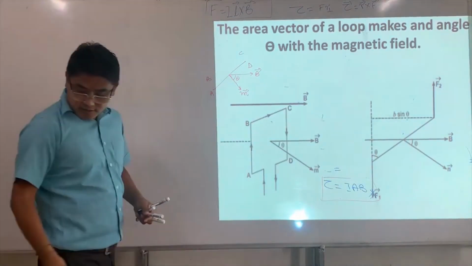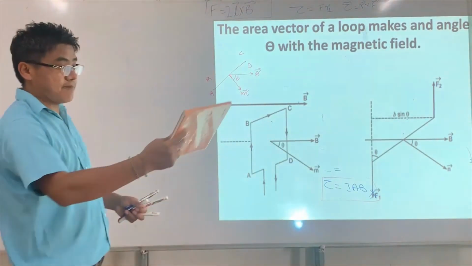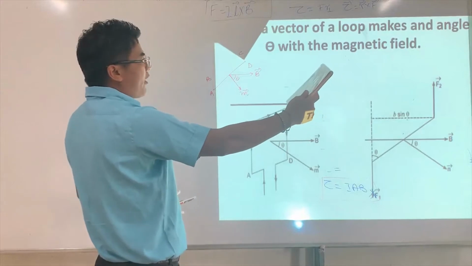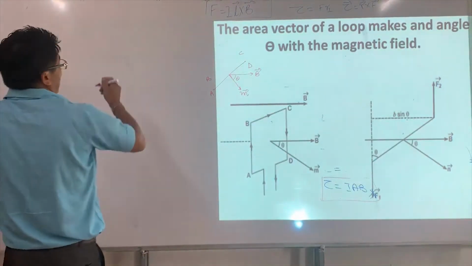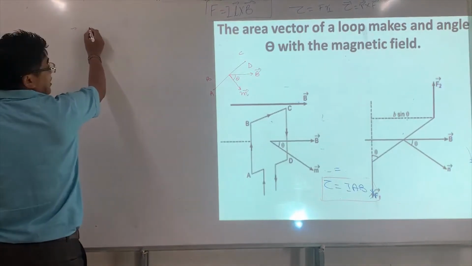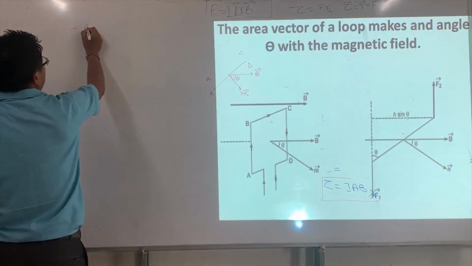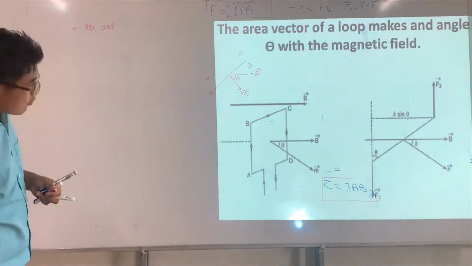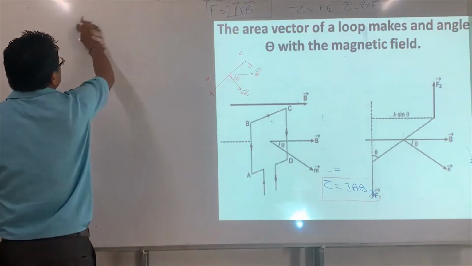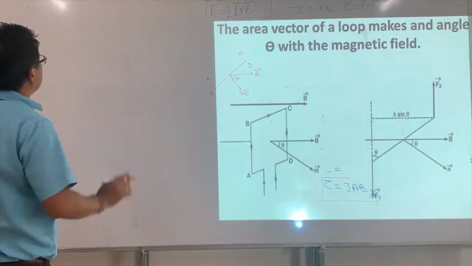So, now this is what I have, right? Now what I'm going to do is look at a surface, the length AB, and let's say first I'm talking about length BC and DA.